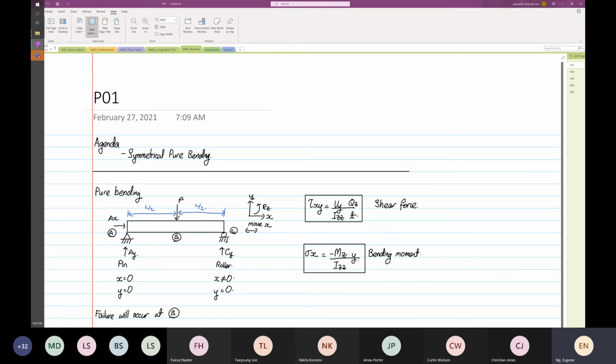So stress sigma x corresponds to the normal stress in the x direction. And Izz is the second moment of area, which you guys know how to calculate. Second moment of area.